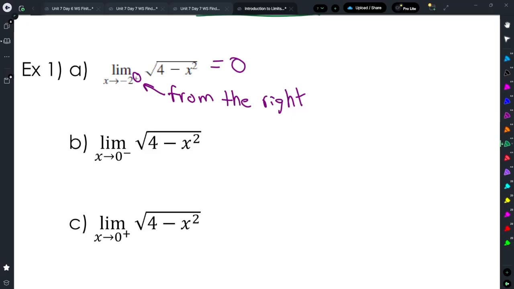Now we have here the limit of f of x. So in letter B, we have the limit as x approaches 0, and that negative side there means from the left, and that's not an exponent, that's just telling you which side to approach the limit from.